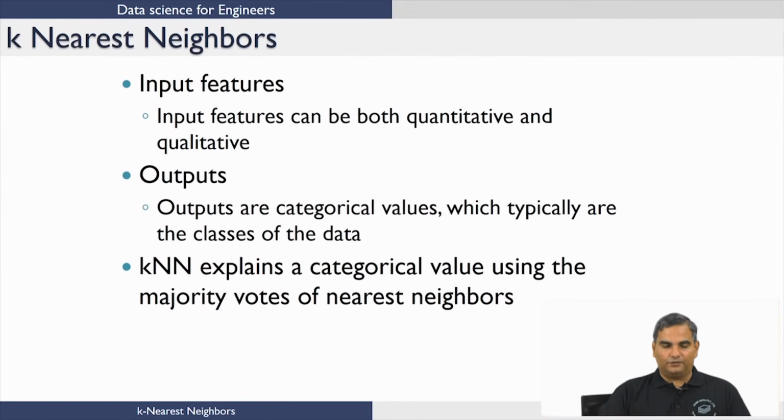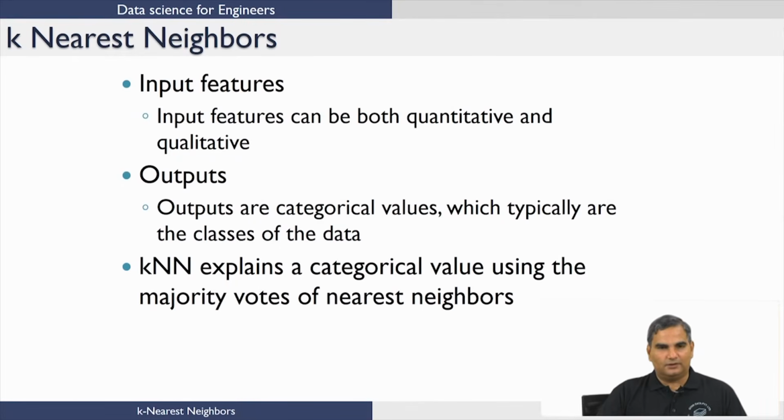So, the input features for nearest neighbors could be both quantitative and qualitative, and outputs are typically categorical values, which are what type of class this data belongs to. Now, it is not necessary that we use k-nearest neighbor only for classification, though that is where it is used the most.